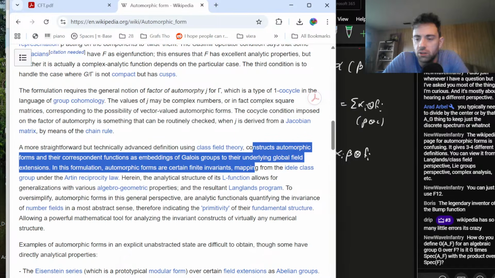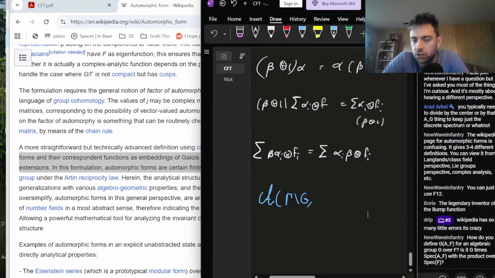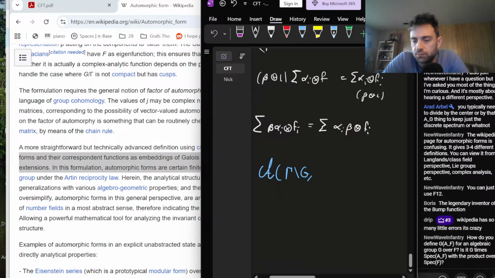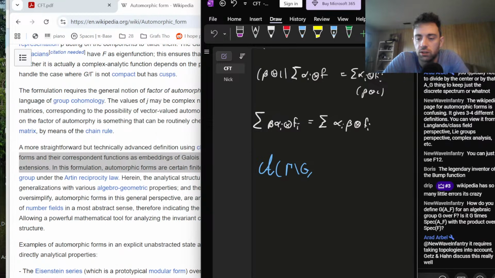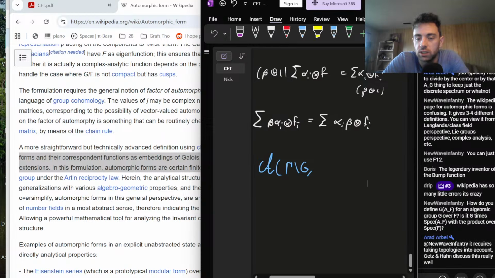How do you define GAF for an algebraic group over F? Is it G times...? I do think there is some subtlety here that I'm not remembering. But AF is just a ring, right? So you just define a group scheme, and I was about to pop open Getz and Hahn, actually.